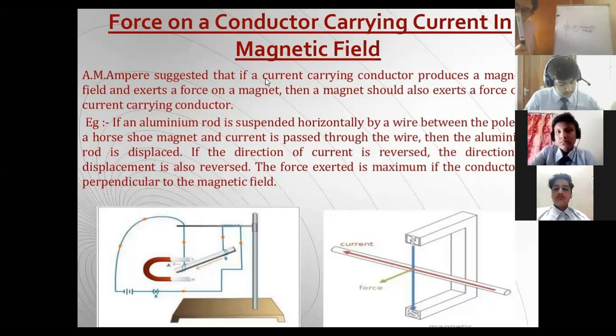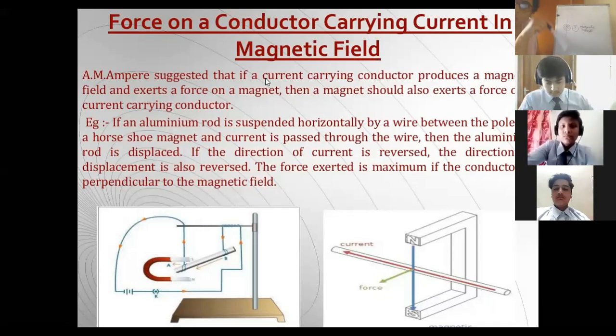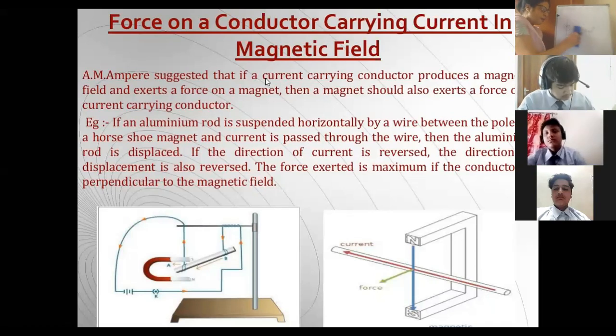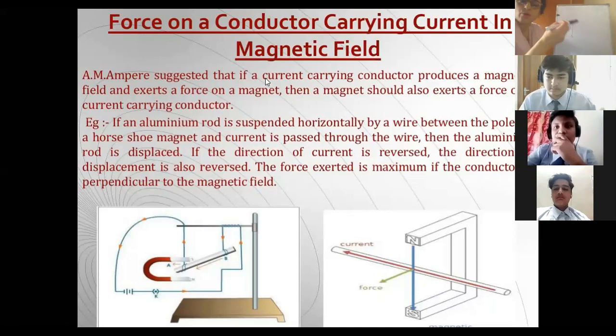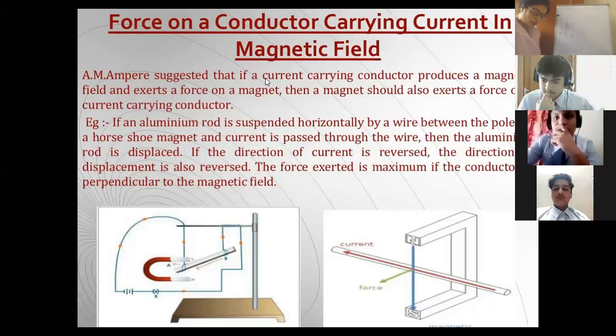This has to be kept in mind: once the current flows through a conductor and there is the presence of another magnet, a force will be exerted over it. So we are going to discuss that.